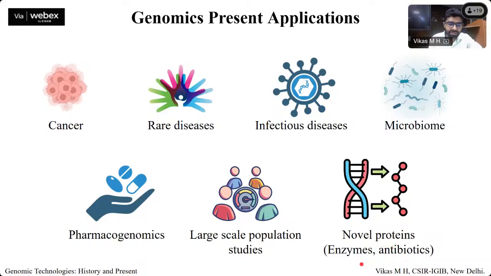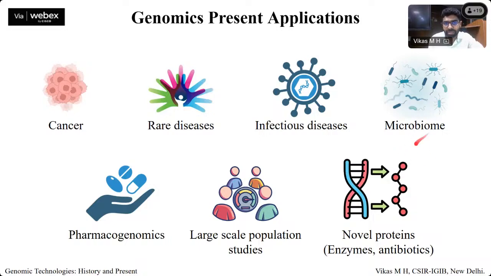I will give you an example from what my lab does. In our lab, we take samples from different microbiomes of specific environmental places where the conditions are very extreme.